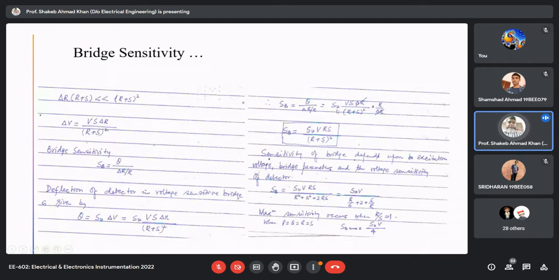So anyway, we put this theta here, and then we are able to find the bridge sensitivity expression here, you see. Now what is the significance of this expression? Why did we derive this expression? What is the significance?